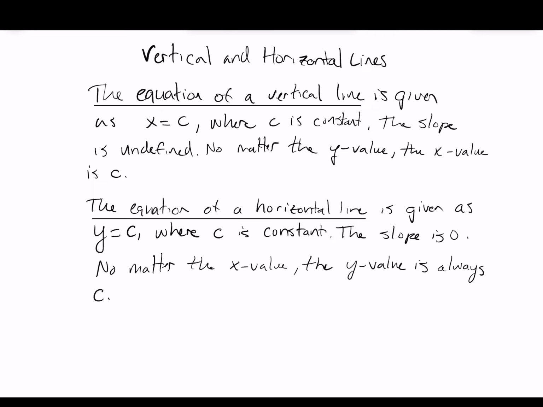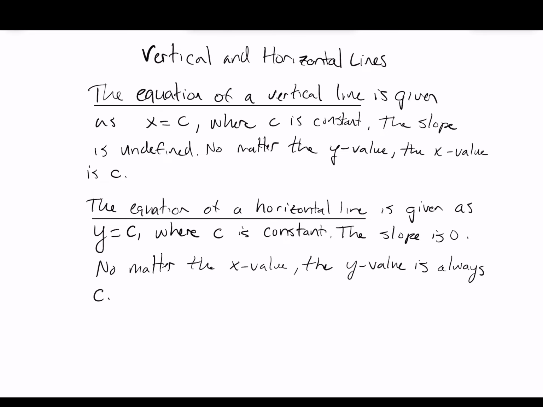In a vertical line, no matter what the y value is, the x value is always constant, and it is equal to c. On the other hand, the equation of a horizontal line is given as y equals c, where c is constant. In this case, the slope is 0 because the difference in the y values is always the same, and it's 0. So no matter what x value we have, the y value is always equal to c.